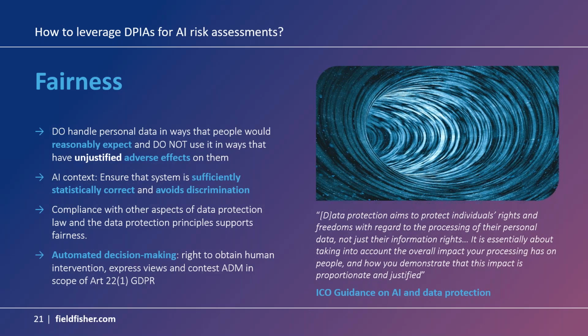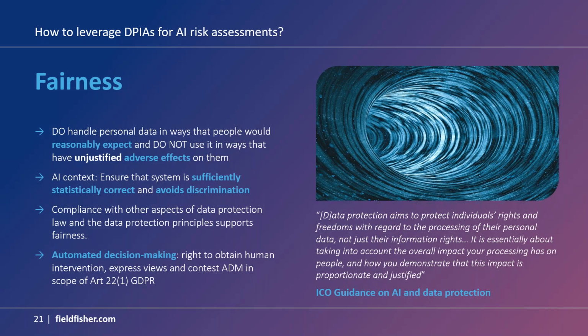We have to handle personal data in a way that is reasonably expectable by the people involved. It's fundamental to fairness in an AI system that you don't process personal data in ways that are misleading or unexpected. Talking again about the AI tool lifecycle, fairness must be found at each and every stage of such a tool.